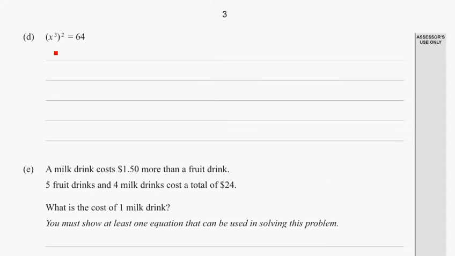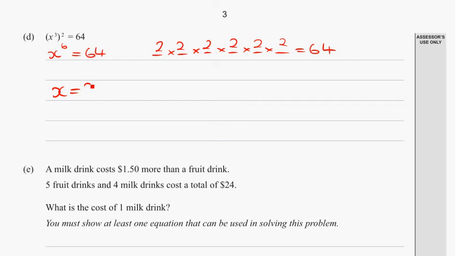Right, part D. X to the power of 3 times 2 is 6, equals 64. We need a number such that when we times it by itself 6 times, it equals 64. It doesn't take long. 2 times 2 is 4, times 2 is 8, doubled is 16, doubled is 32, doubled is 64, x equals 2.